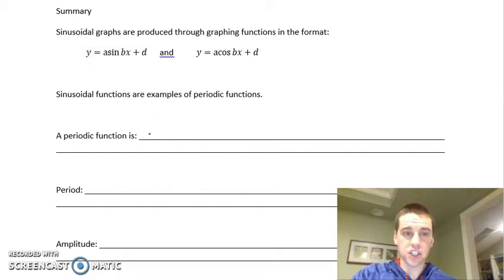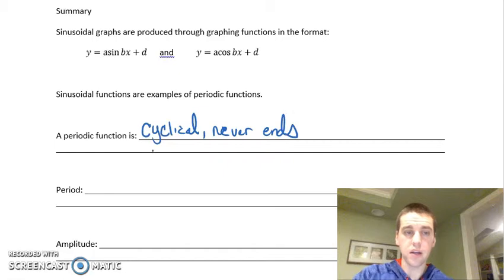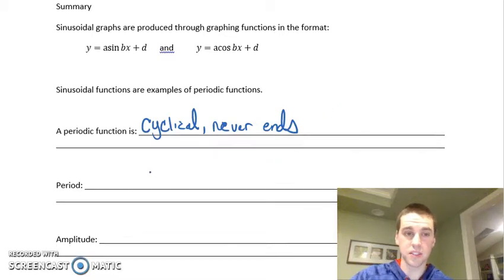A periodic function is cyclical. It never ends. It always goes on and on. It is the same idea as a trig graph. The Ferris wheel goes around in a circle and it never ends. It repeats itself. That's what cyclical means.